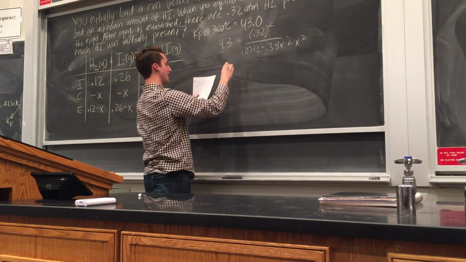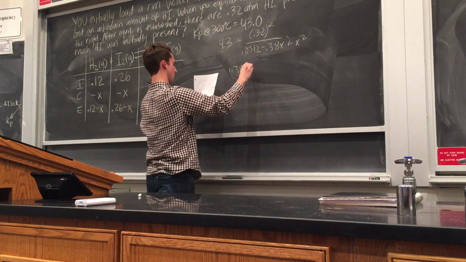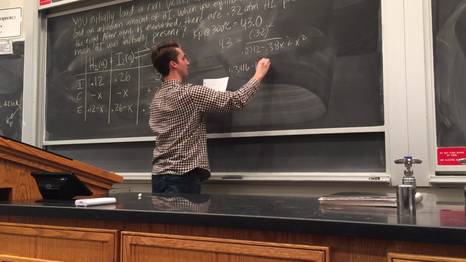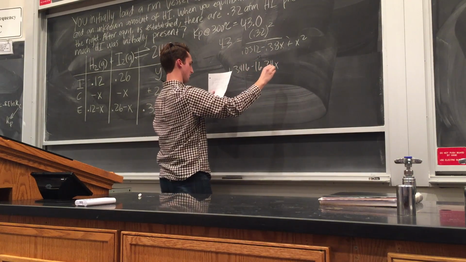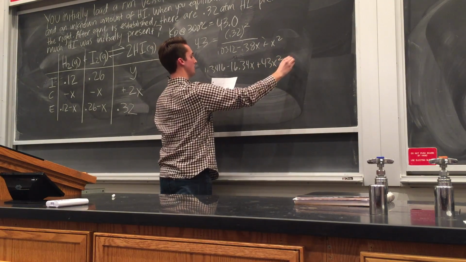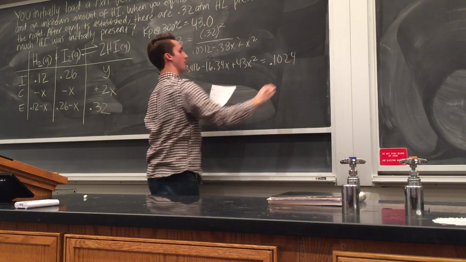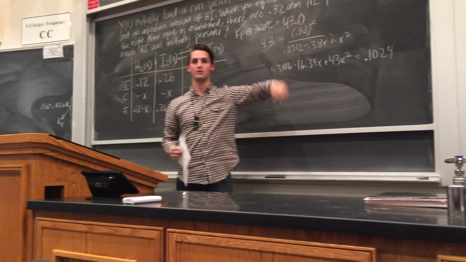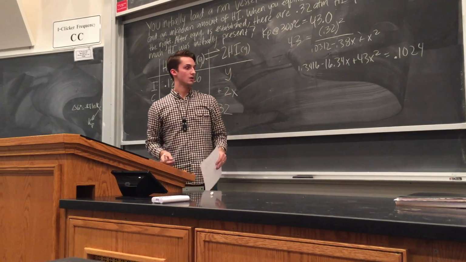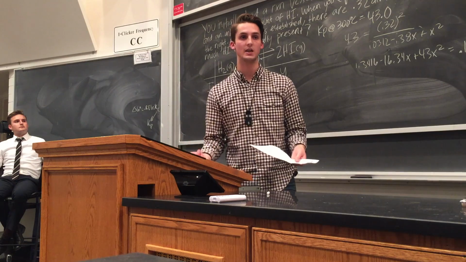and simplifying that down, you're going to get 1.3416 minus 16.34x plus 43x squared equals 0.1024. That's just 0.32 squared. Now, to do the quadratic and to use your solvers in your calculator, we have to get it equal to 0.